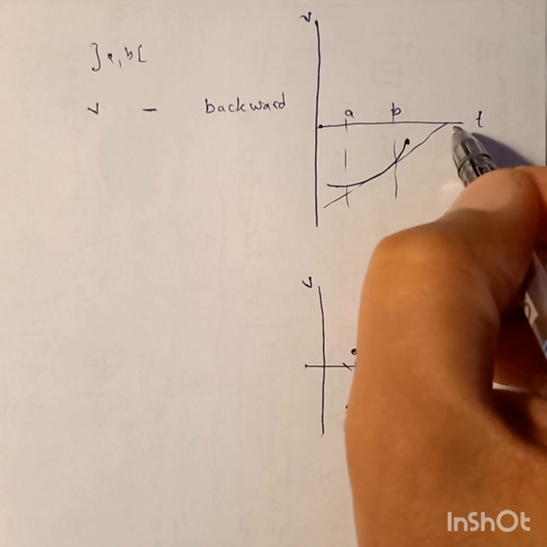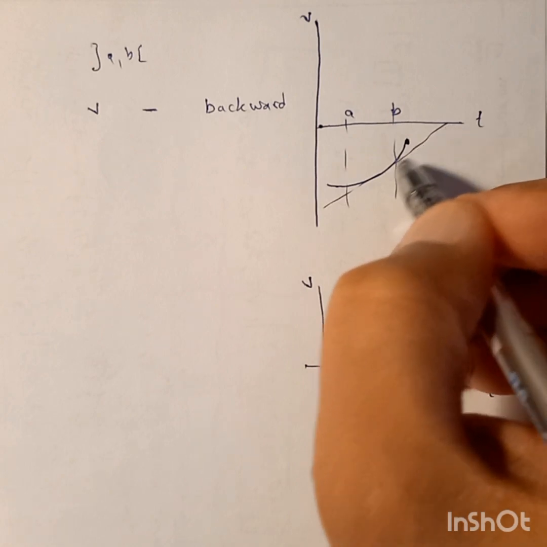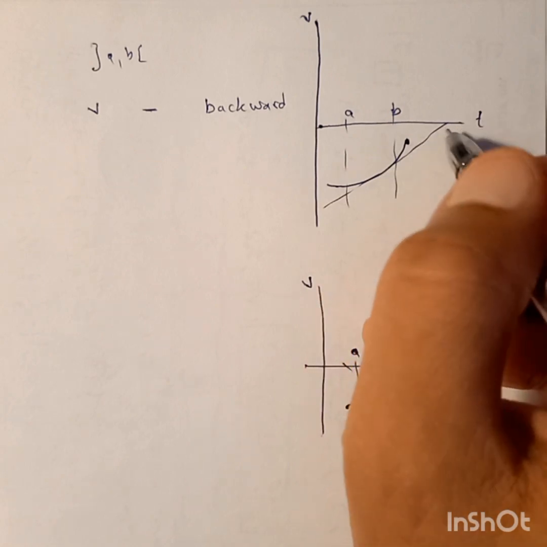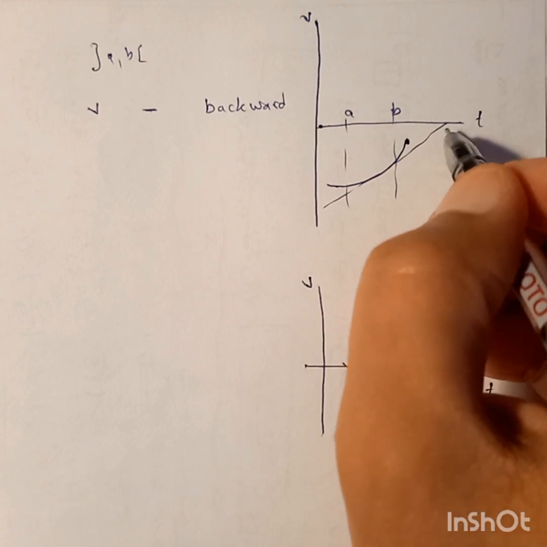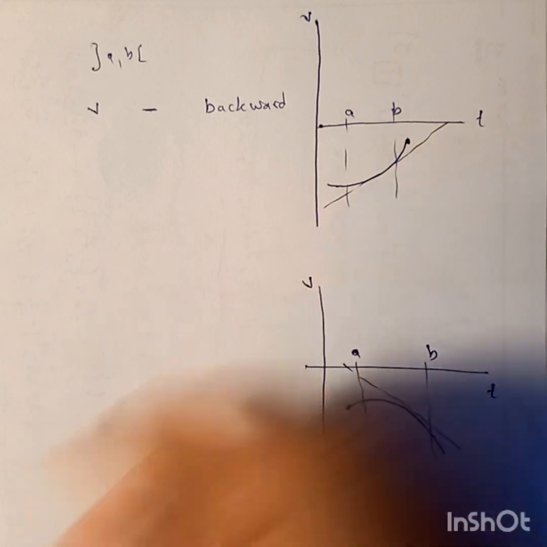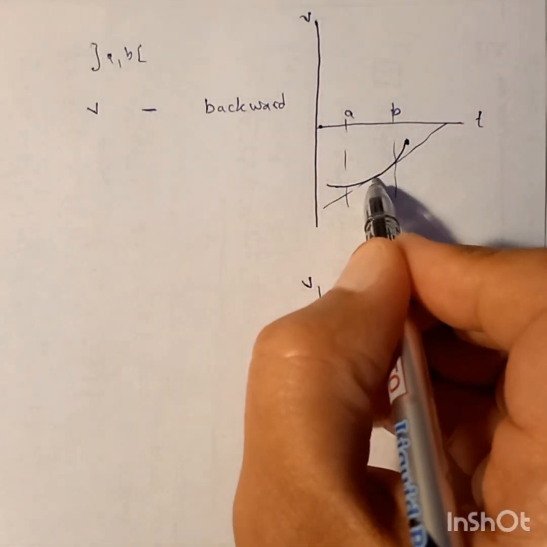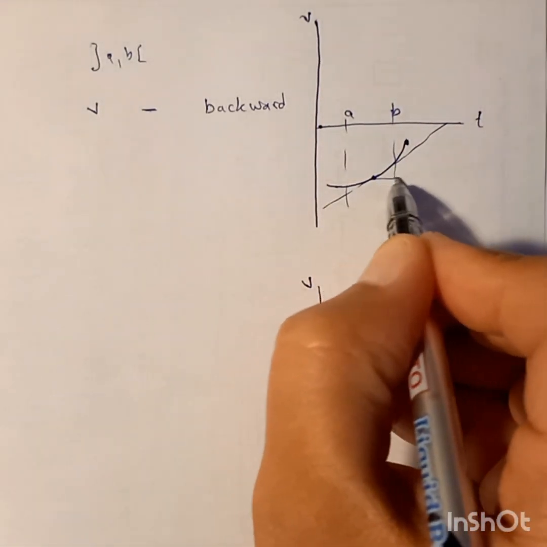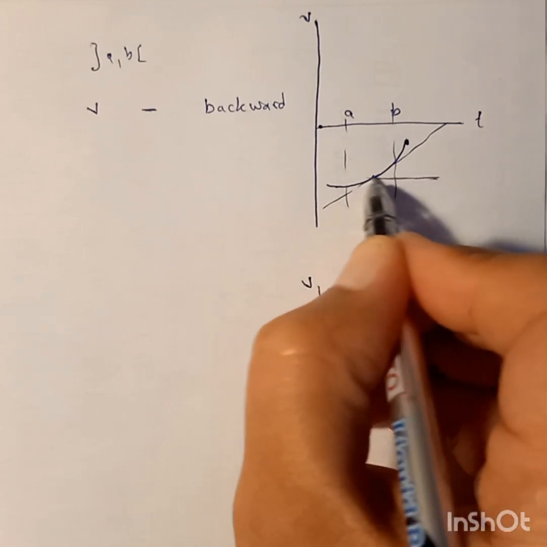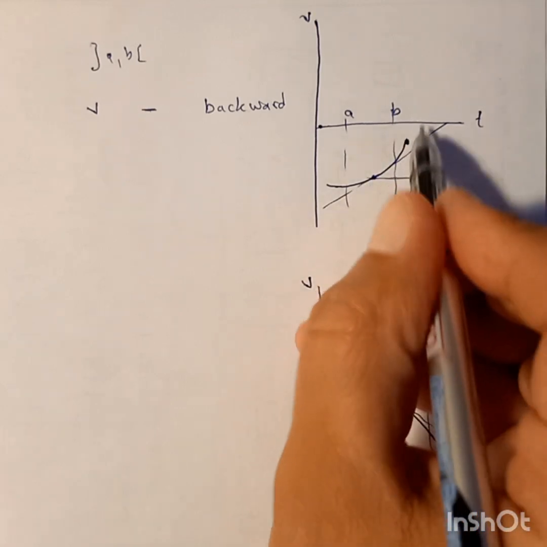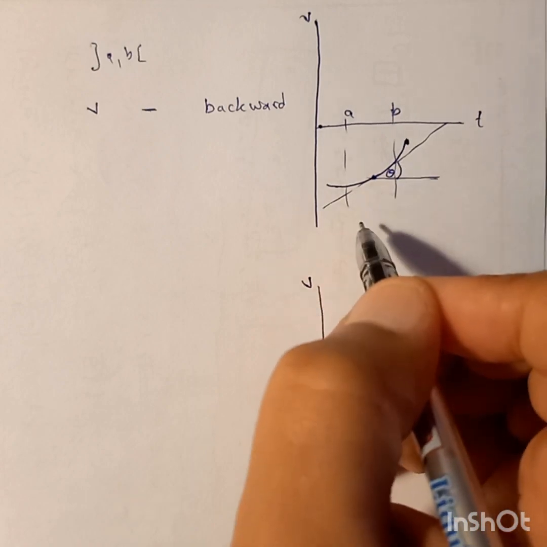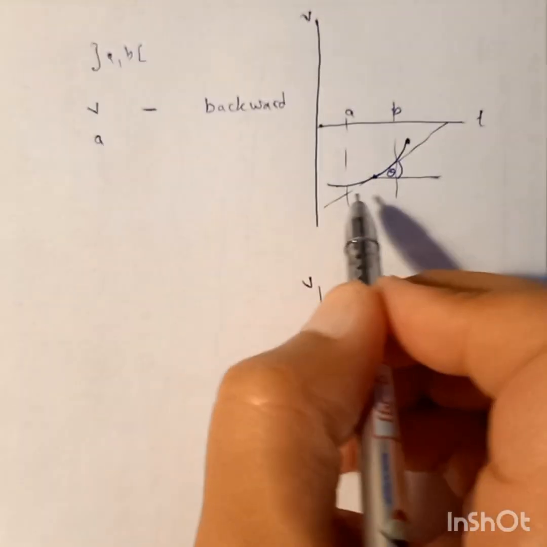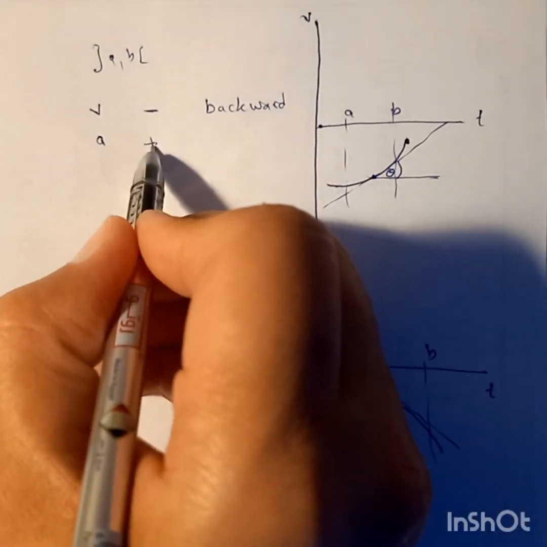Here the angle made by this curve with the positive direction is acute. For example, we select this point and draw an axis parallel to the original one. This angle is theta, and this angle is acute, so acceleration during time interval a and b is positive.